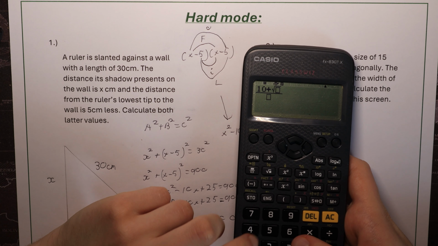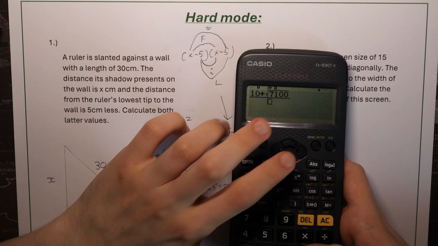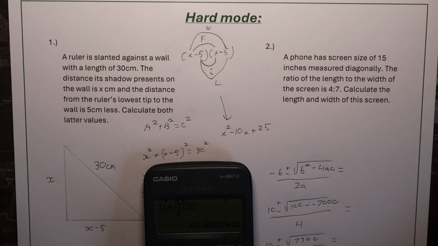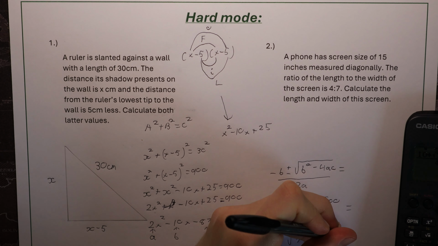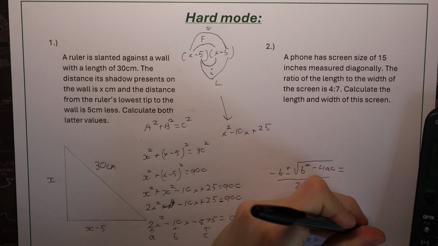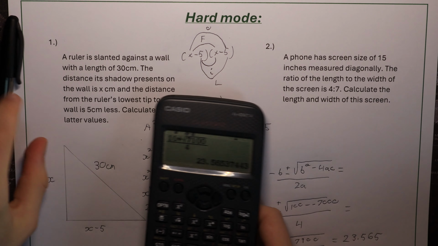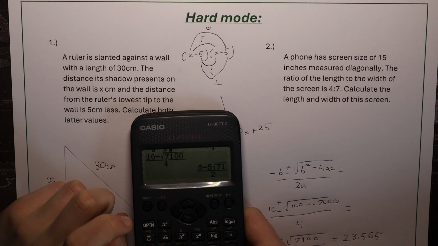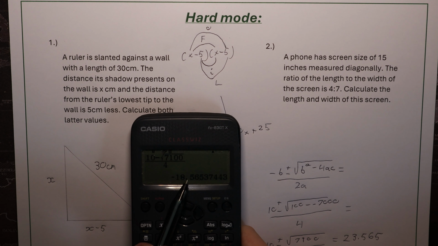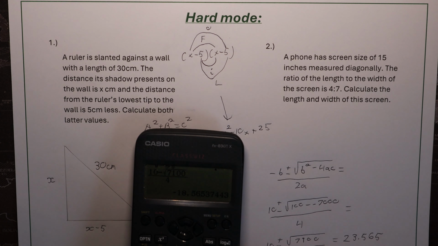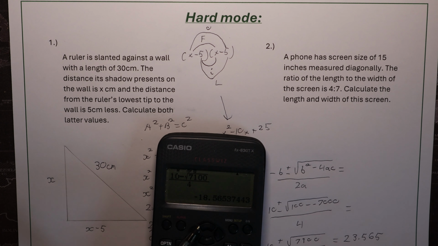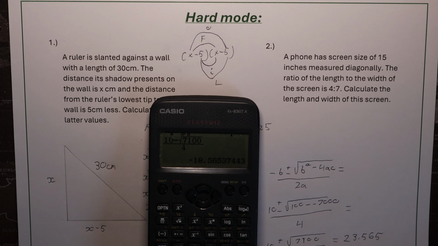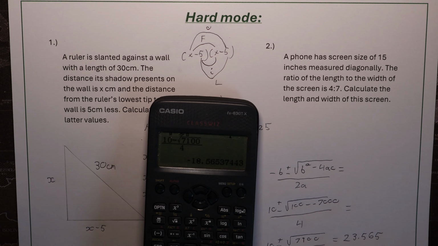So 10 plus root of 7,100 divided by 4 equals 23.565, and it just carries on. And our minus scenario is minus 18.96537, whatever. This doesn't count because a value in the real world cannot be a minus. You can't have a negative distance.